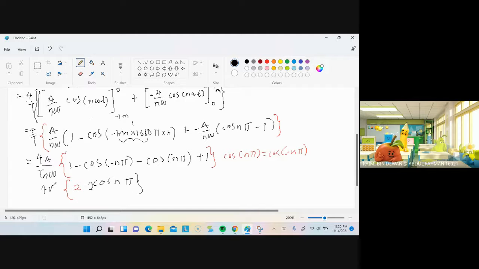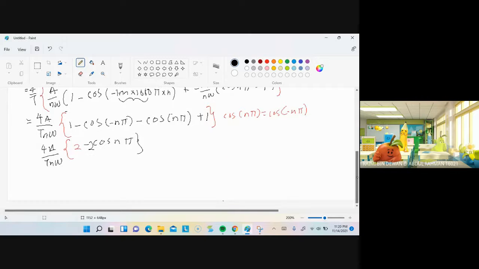But here t and omega. Then 4a, for the amplitude, in this case we can put the amplitude directly, because we already know it.